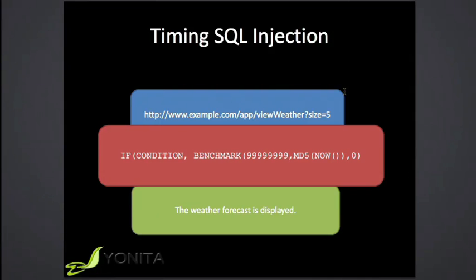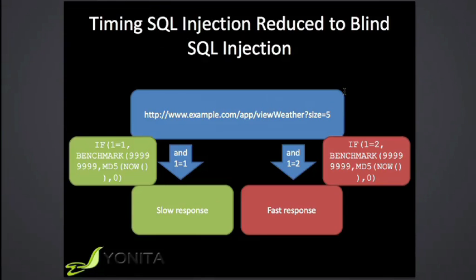The first branch is benchmark, which takes a very long time, and the second branch does nothing, which returns very fast. So basically we've reduced our timing SQL injection to blind SQL injection, when we have two responses, but we differentiate the response based on time, not the data returned.